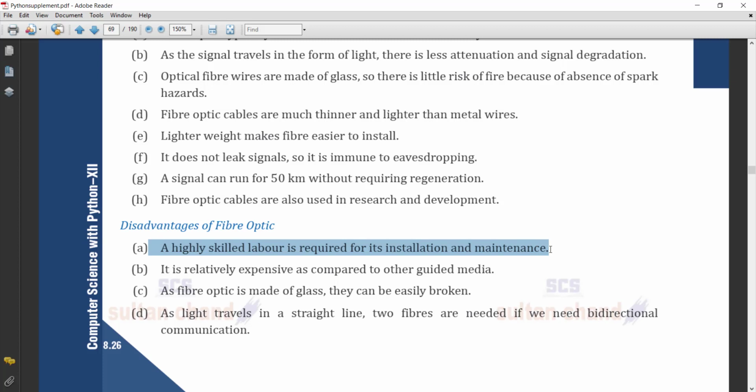Anyone who is not skilled and wants to install the fiber cannot do this. So that's why highly skilled labor is required.